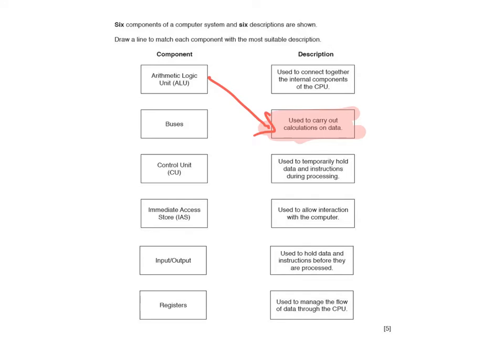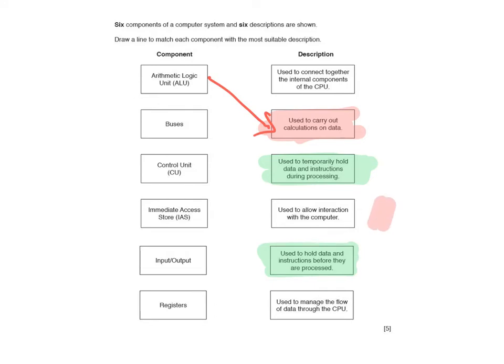Let's look down the list again. Used to temporarily hold data and instructions during processing. Now I'm going to put an asterisk, or let's put it green because that's the colour I've got, because this is the one that I sometimes just jump to conclusions on and say, oh, it's this one. So let's leave that one to the second. Used to allow interaction with the computer system. Looking down the components at the side there, I was immediately thinking, is it HCI?